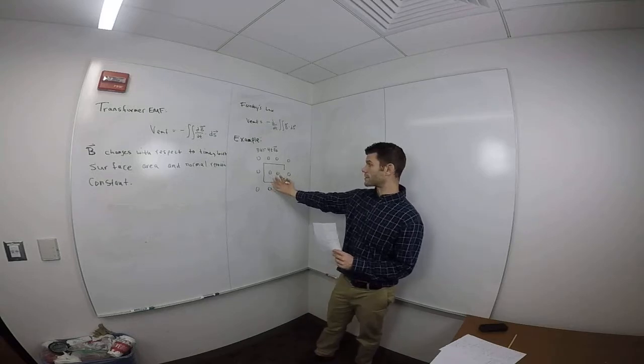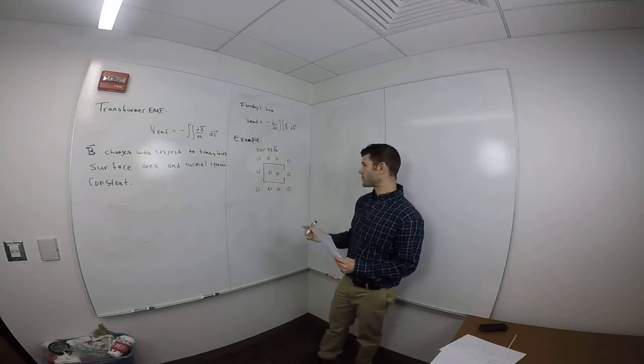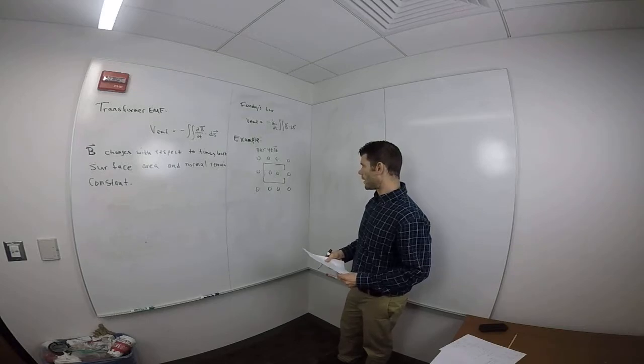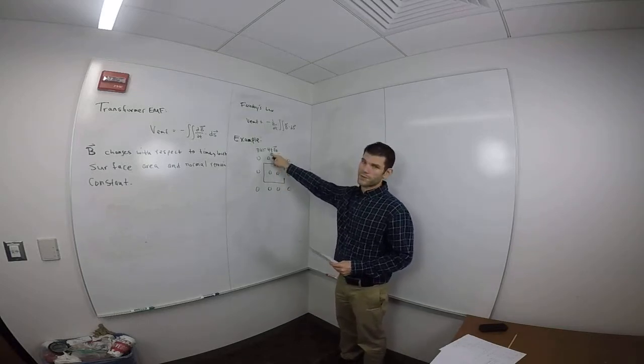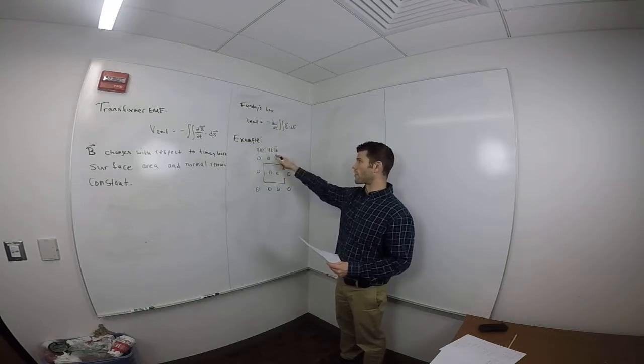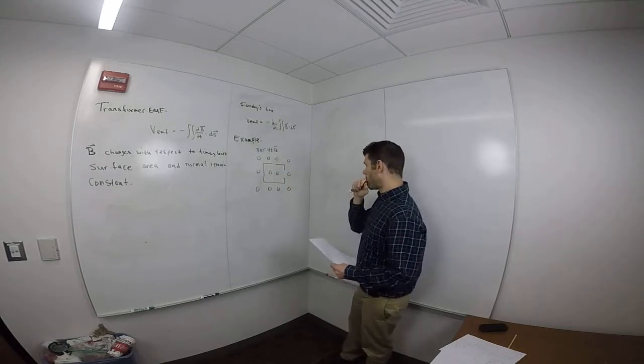The az direction is coming out of the board towards us. And you can see that it's changing with respect to time. It's increasing; as time goes on, it gets stronger and stronger. After 10 seconds, we would have 40 Tesla. After 100, we'd have 400 Tesla, and so on.